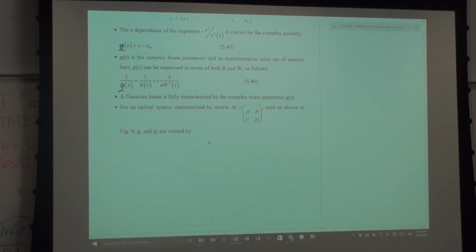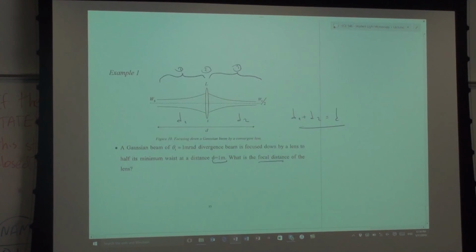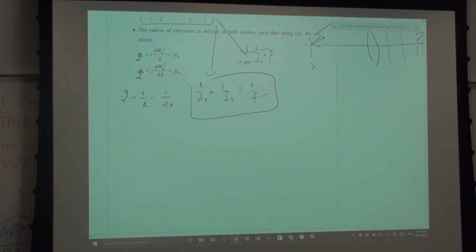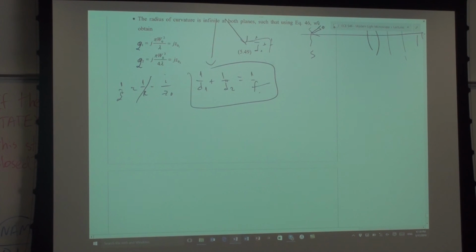Online it's minus, with the imaginary component upstairs, in the numerator. So when R goes to infinity, 1 over Q is minus I over Z naught, so Q becomes I Z naught, right? When I flip them over, this becomes 1 over I, which is minus I.